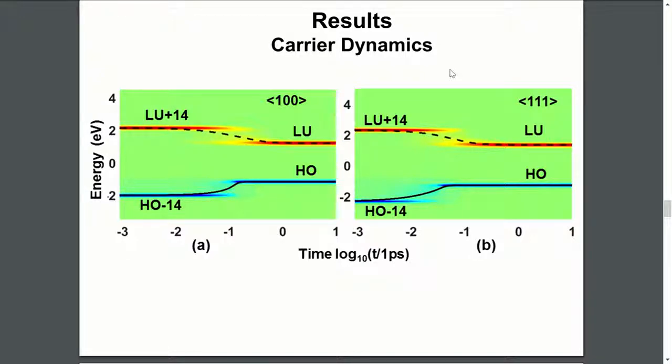State number 55 here. The k point is 0.33. So the electron is excited from HOMO minus 14 at k point 0.33 to LUMO plus 14 at k point 0.33. That's what it is.